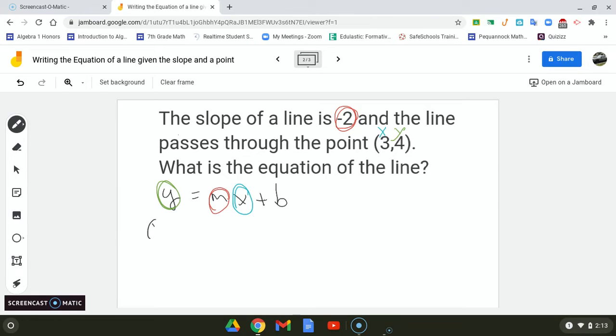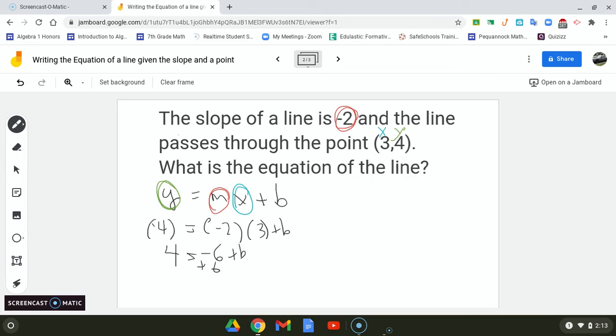So we have 4 is equal to -2 times 3 plus b. So 4 equals -6 plus b.